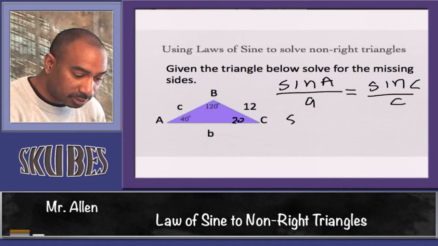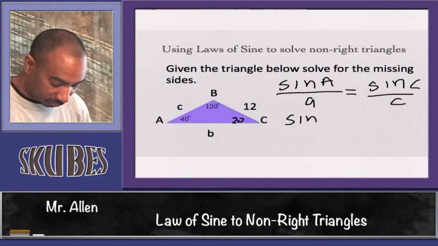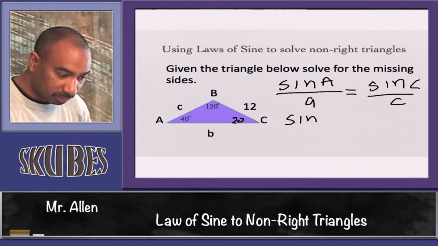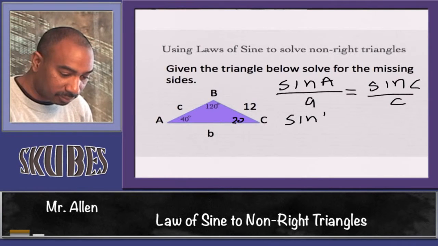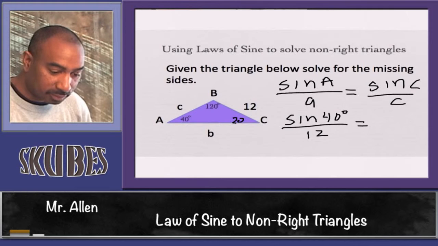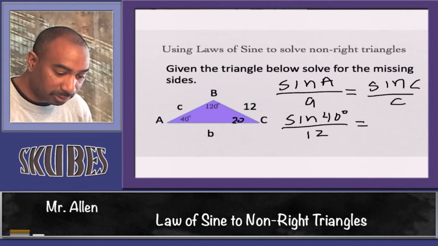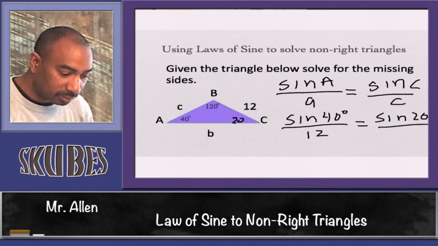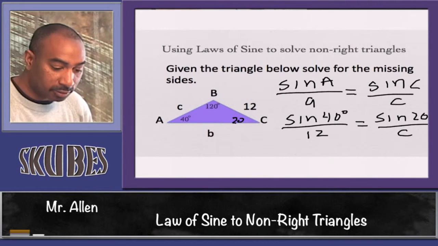We know angle A is 40 degrees. We know side a is 12. I know that angle C is 20 degrees, so I'll put sine of 20 degrees. And we don't know what side c is. So this is our setup.